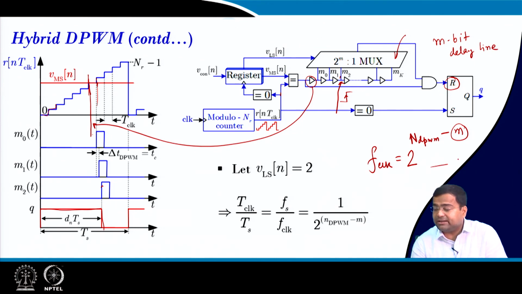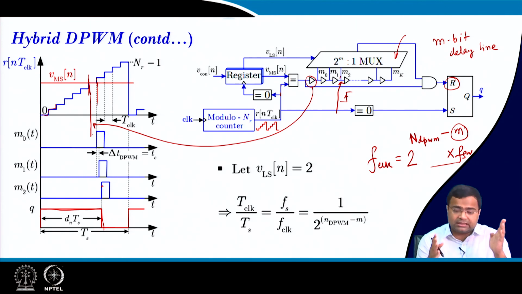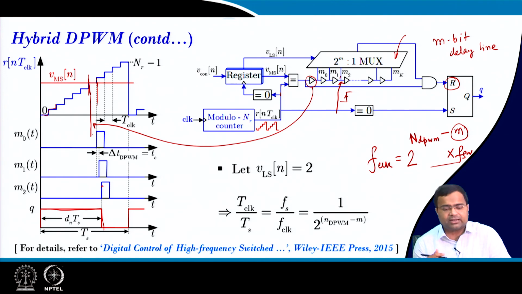So, you are effectively reducing the clock frequency requirement, and by that way you can improve linearity as well as reduce the clock requirement. This is a very popular approach for high frequency DC-DC converter DPWM architecture. You can get details about this architecture in this book.